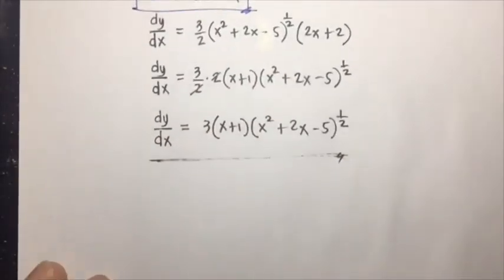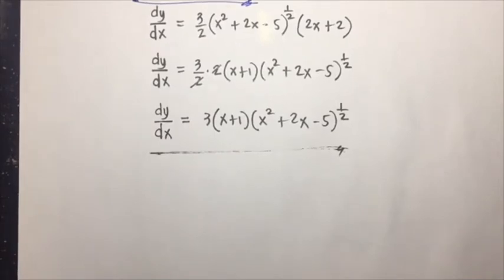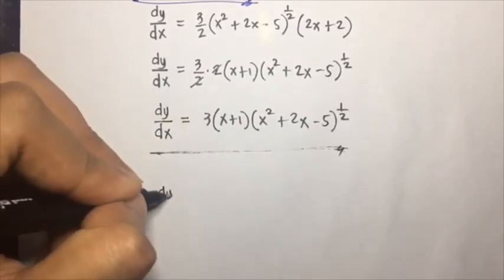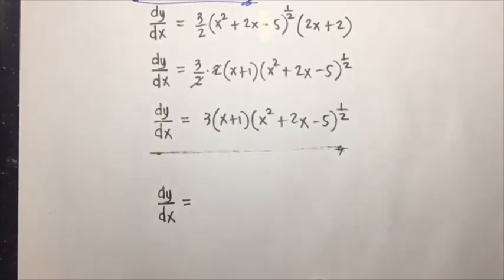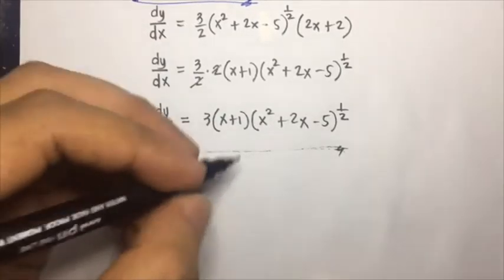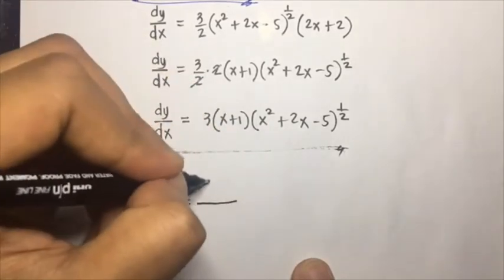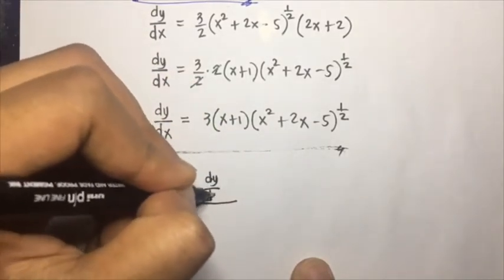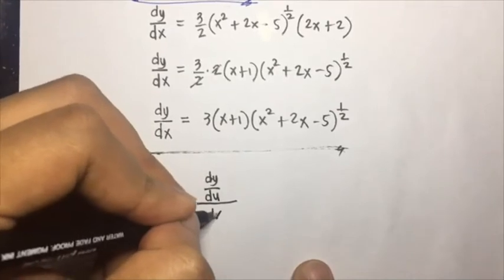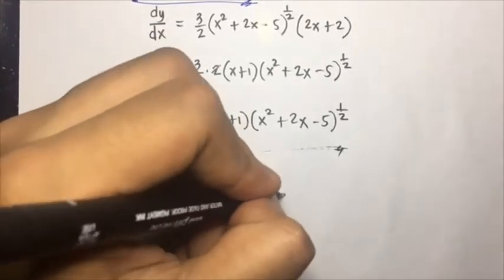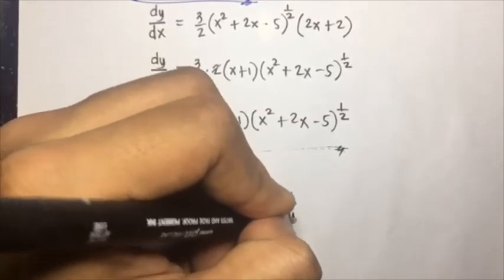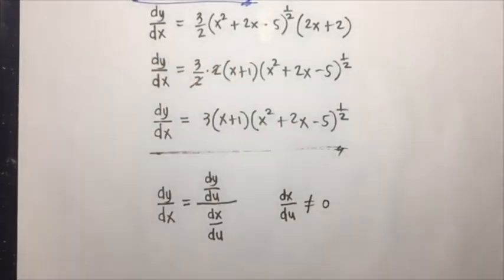The second rule: we can also say that dy over dx is equal to dy over du divided by dx over du, as long as dx over du is not equal to 0.